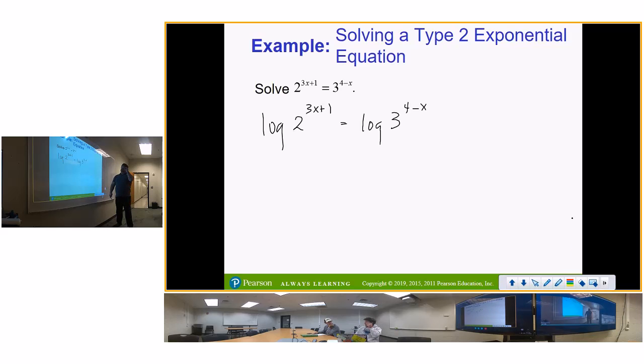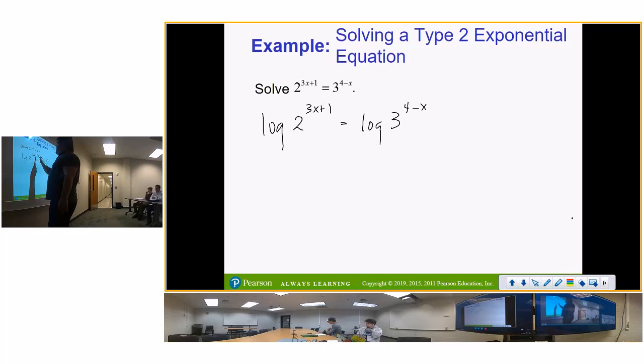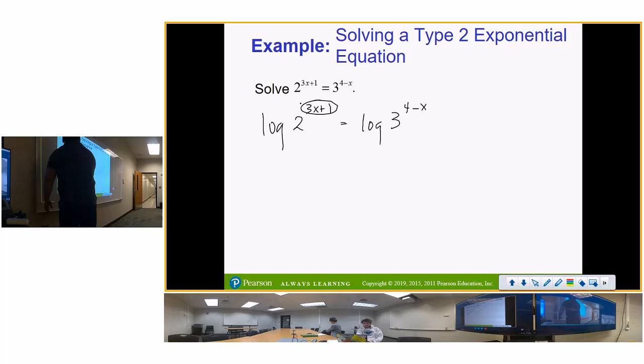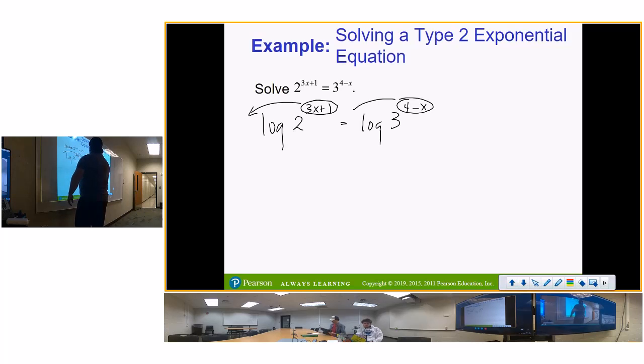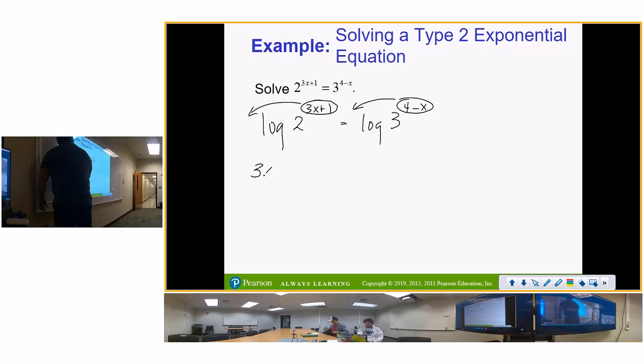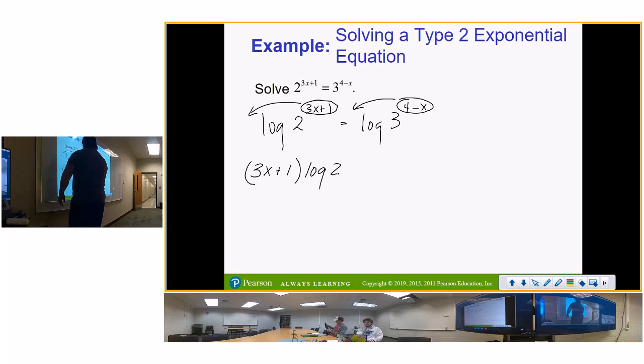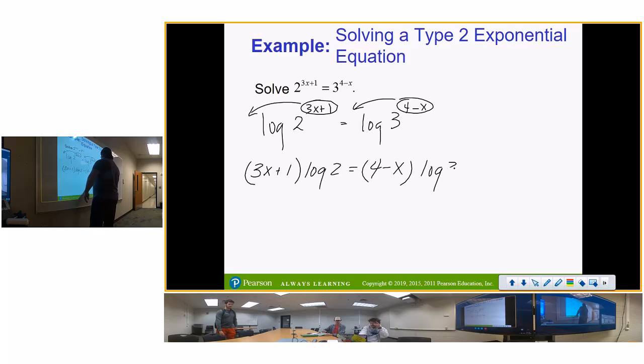So what do we do with that 3x plus 1? Take it out front. 3x plus 1 times log of 2 is equal to 4 minus x times log of 3. Now, I want you to finish it.